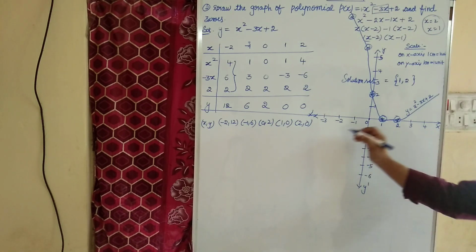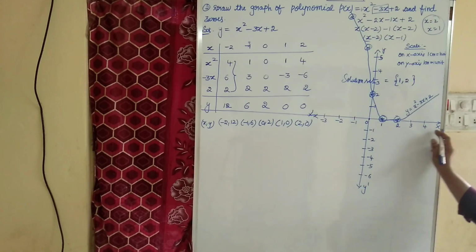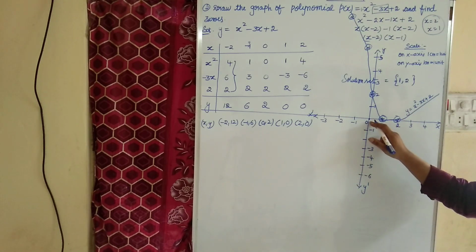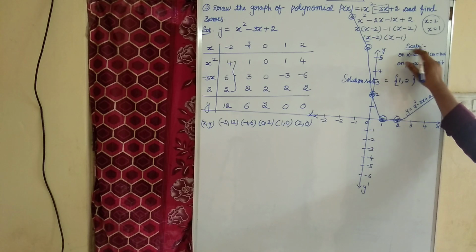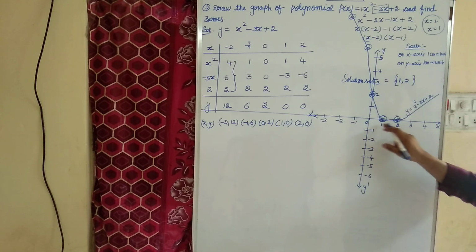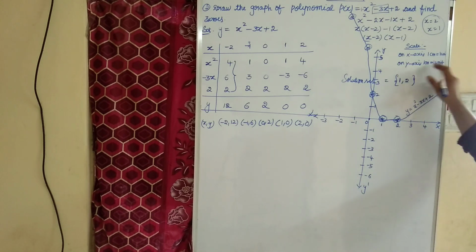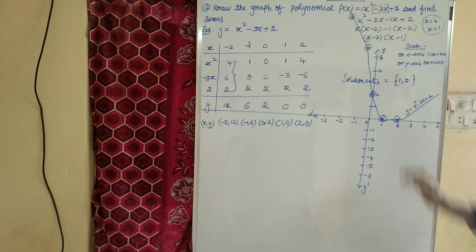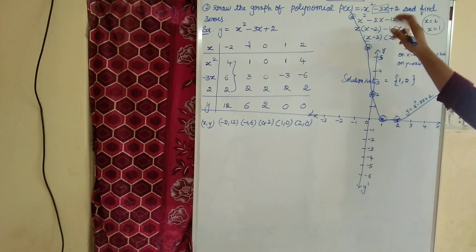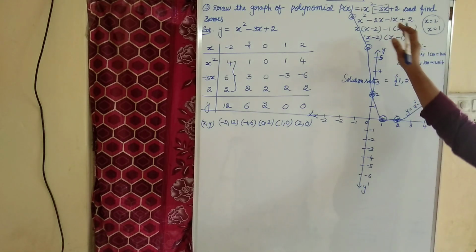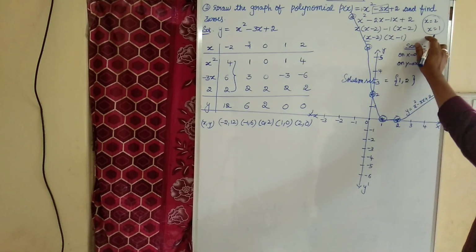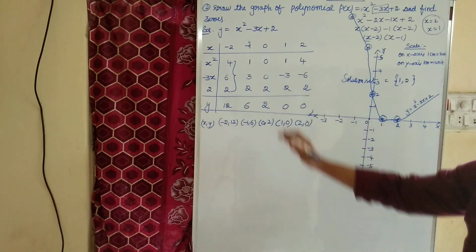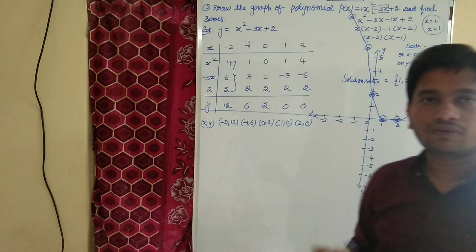Here you have to put y dash, x dash, this is the origin. Scale: on the x-axis we took 1 centimeter equal to 1 unit. On the y-axis we took 1 centimeter equal to 1 unit. For verification you will get 1 mark. You need to do this verification also, I mean splitting the middle term, to find the zeros of the polynomial. When you are doing calculation, be careful.